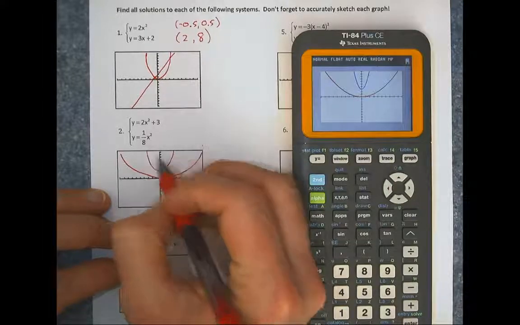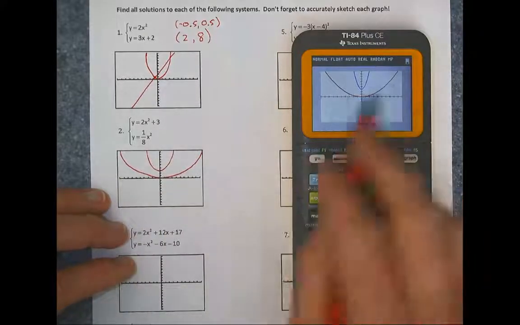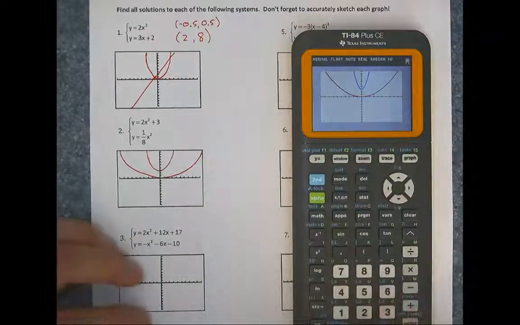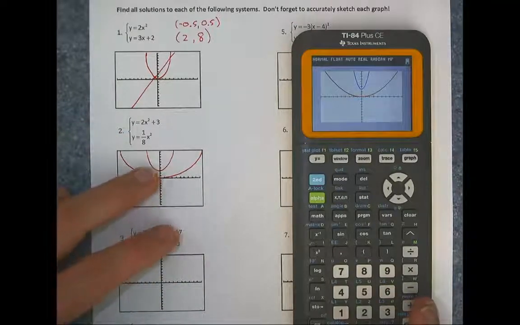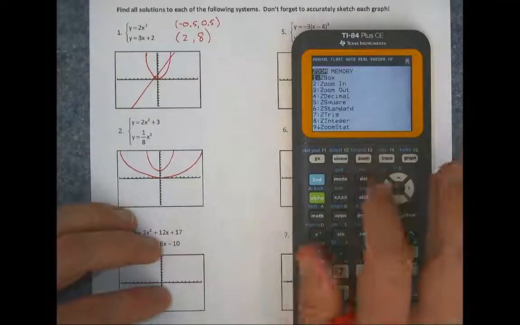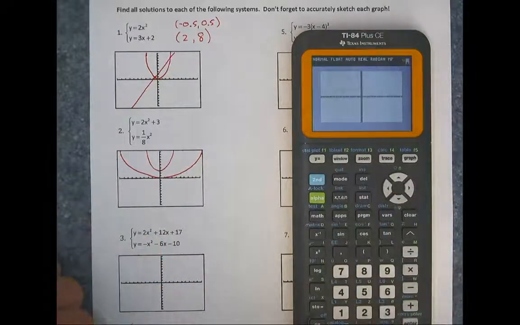And you can try and hit calculate and intersect and all that, but you can clearly see these do not intersect. So there is not a single point on this graph that works for either one. You could even try and hit zoom and zoom out. And it continues to be wider and wider and wider.